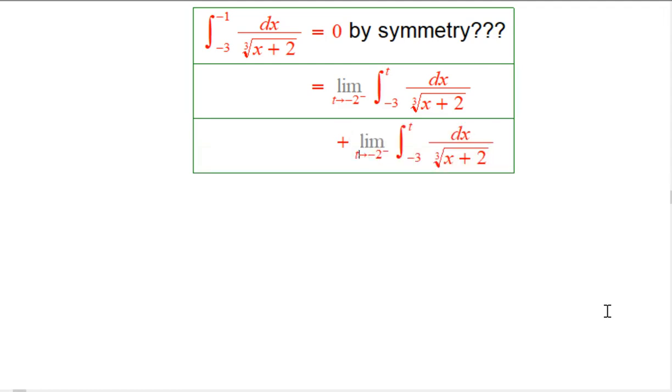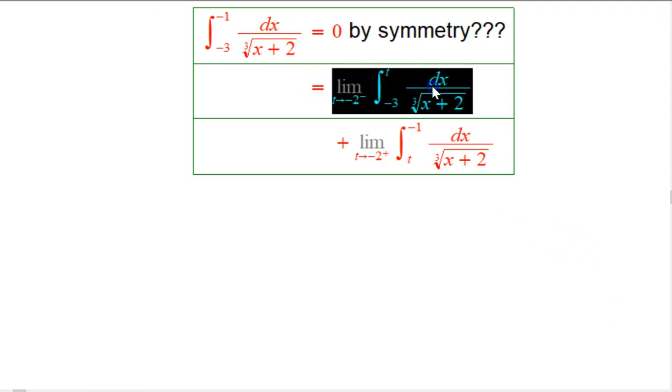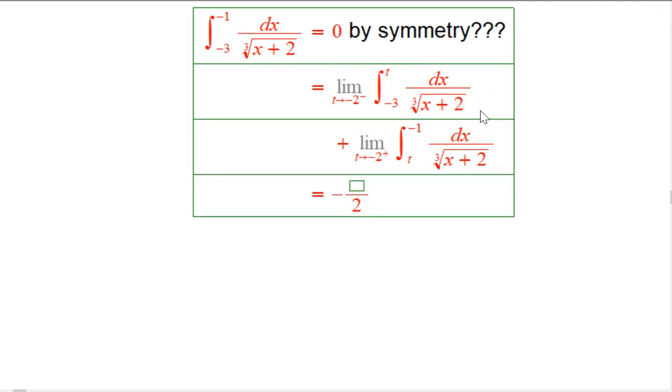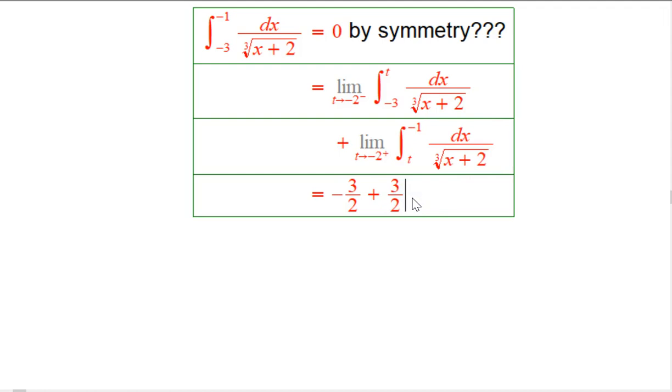If you don't like reusing dummy variables, and that confuses you, you don't have to use the same variable, but it's totally legal. So there's the careful expression of the left-hand part and the careful expression of the right-hand part. Because those guys actually are finite and opposite, you actually do get minus 3/2 plus 3/2. You can check it if you want to, redo this completely separately, but you really do get 3/2. And yes, in this case, the answer is 0.